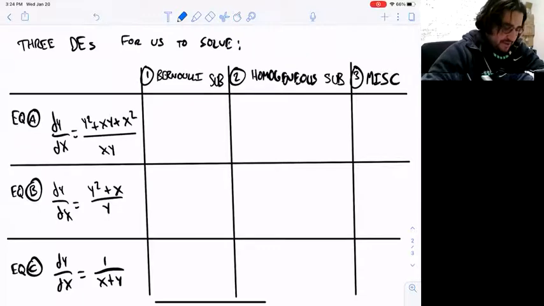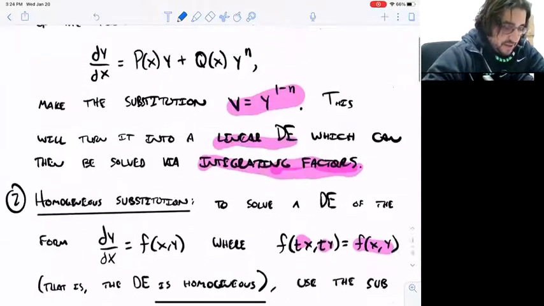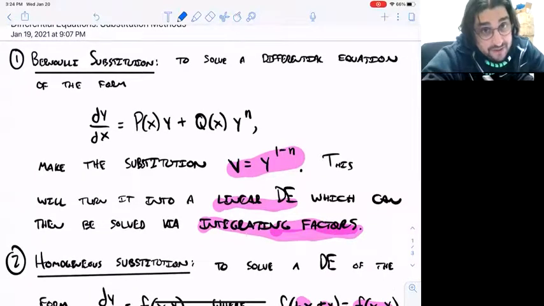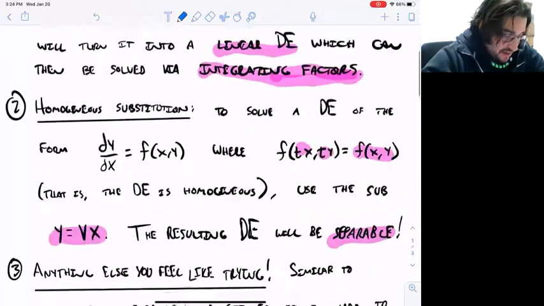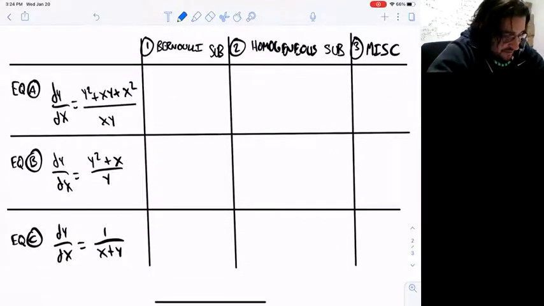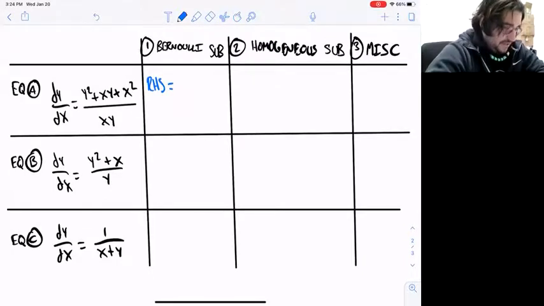How would I test that? Well, for Bernoulli, I'm trying to write it in this form: dy/dx equals p(x) times y plus q(x) times y to the n. So let's see what happens here. So, well, what is that right-hand side? Can I break it up a little bit? Sure, I could split it.